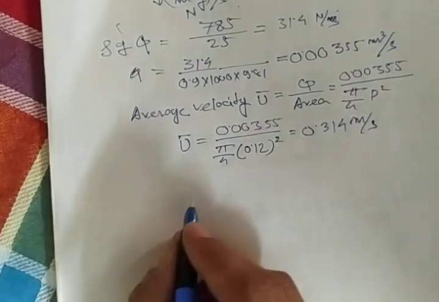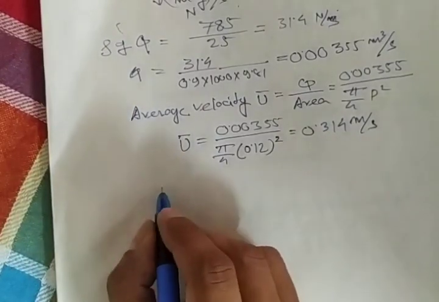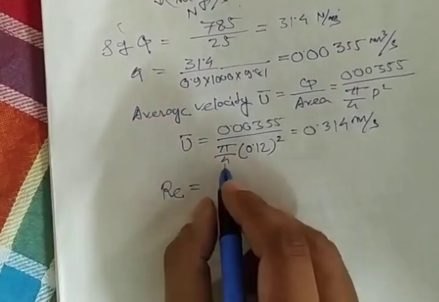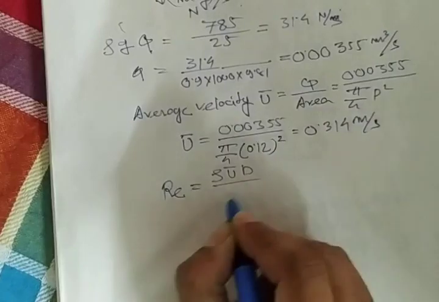So let's see whether this flow is laminar or not. Reynolds number is rho U bar d by mu.